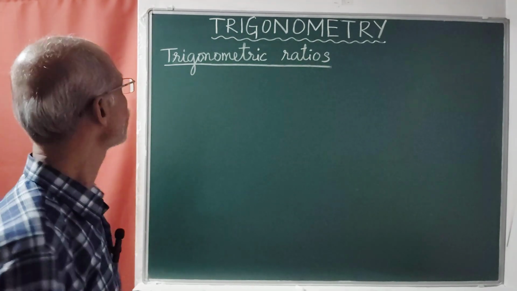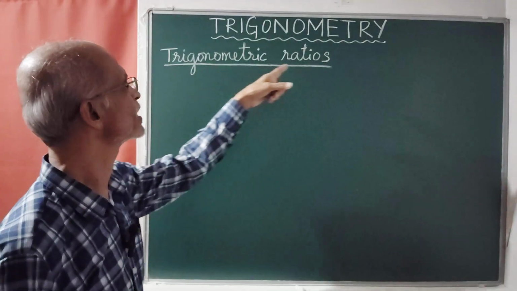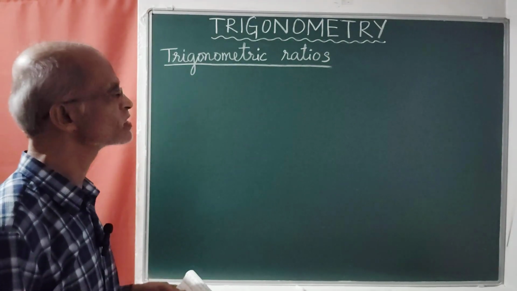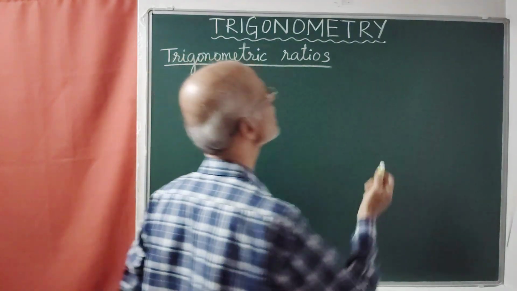Now we'll see what are trigonometric ratios. First, now I'll draw a right angle triangle.